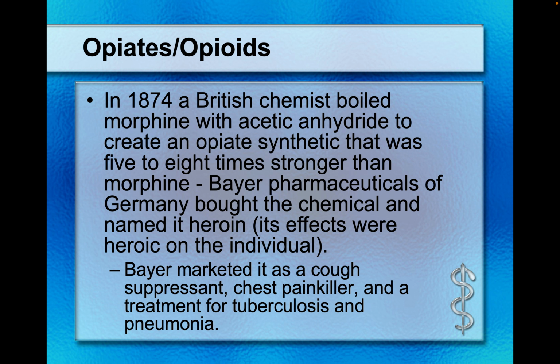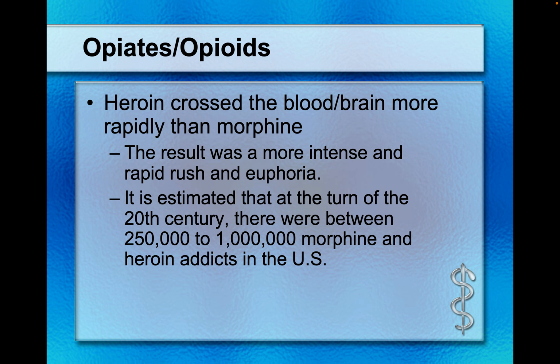In 1874, a British chemist boiled morphine with acetic anhydride to create an opiate synthetic that was 5 to 8 times stronger than morphine. Bayer Pharmaceuticals of Germany bought the chemical and named it heroin. Its effects were heroic on the individual. Bayer marketed it as a cough suppressant, a chest painkiller, and a treatment for tuberculosis and pneumonia.